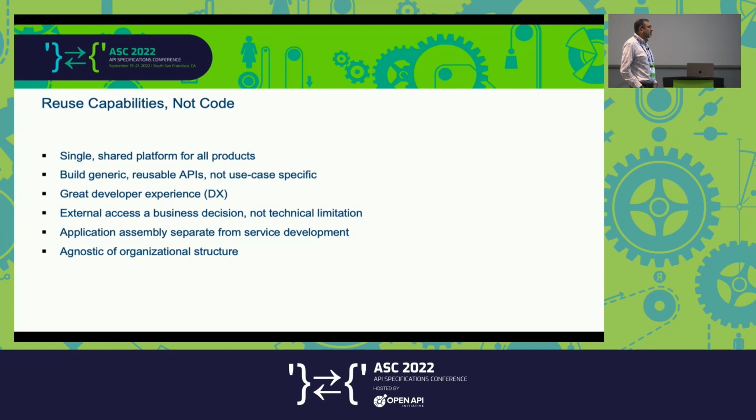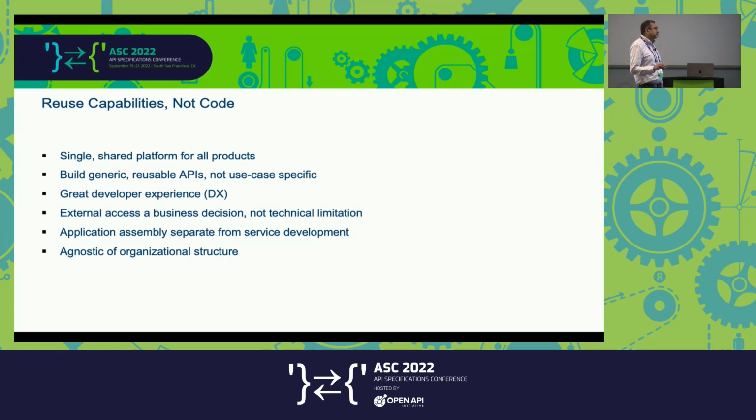So it's important not to treat different API products as different based on their proposed internal or external consumption. Everything should be externalizable. The actual decision on whether it is externally available or not should be a business decision and should never be limited by how we have built it.